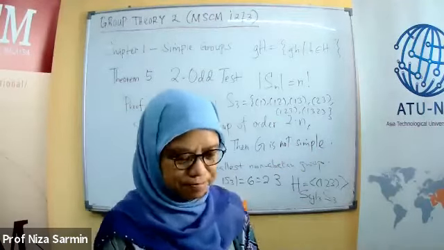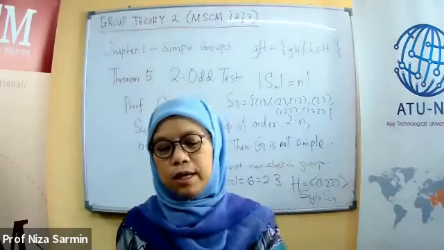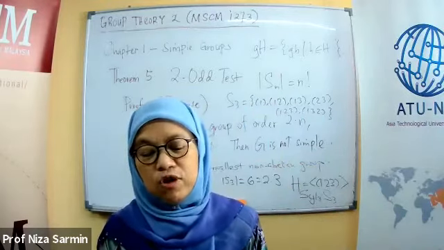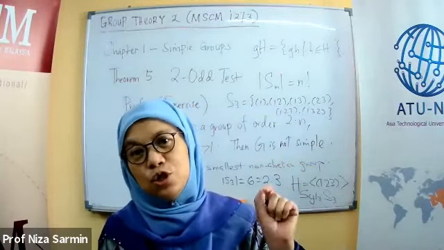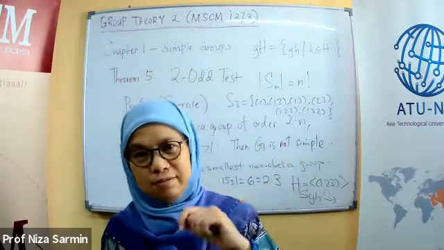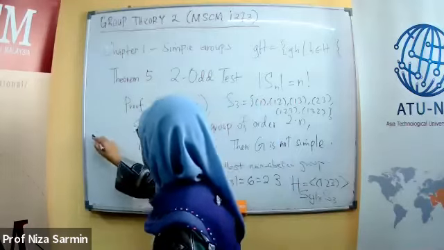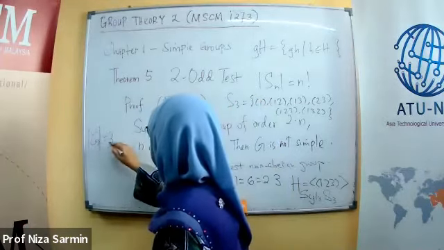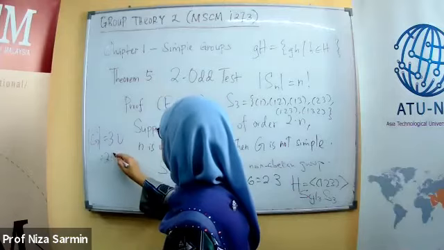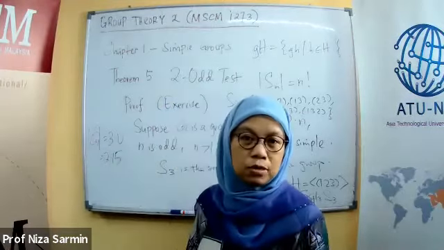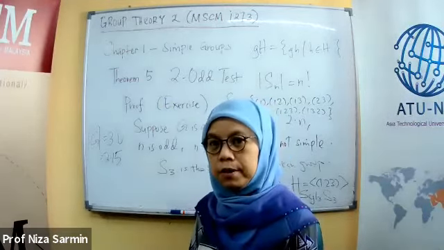Okay, done. The one that I gave in the example is a group of order 30, which is 2 times 15. Again, 2 times 15, right? So by the two odd test, it's not simple.